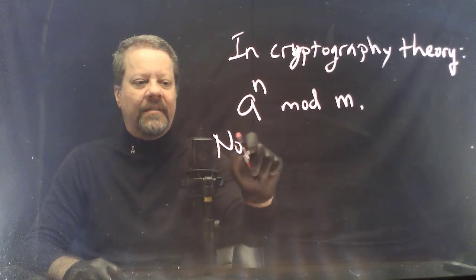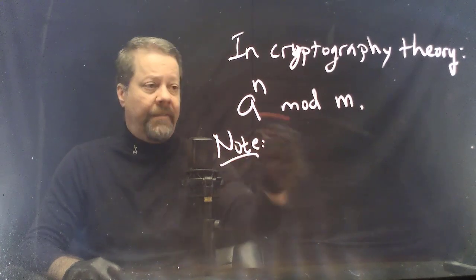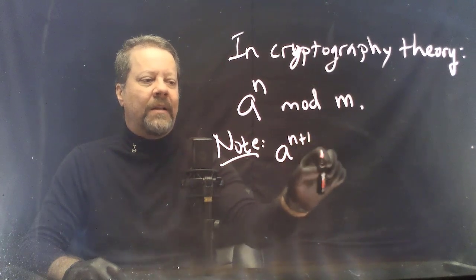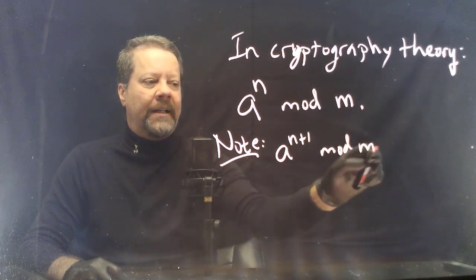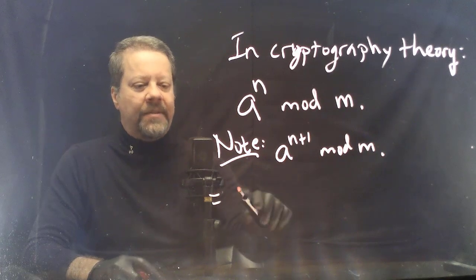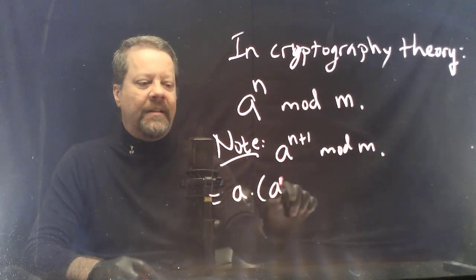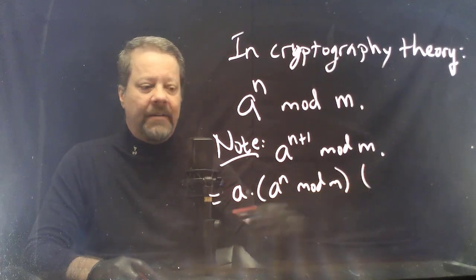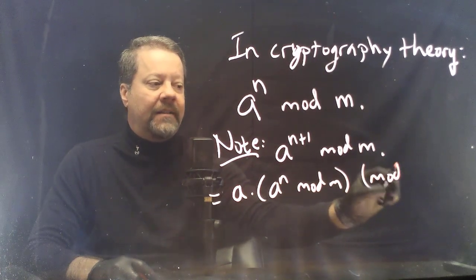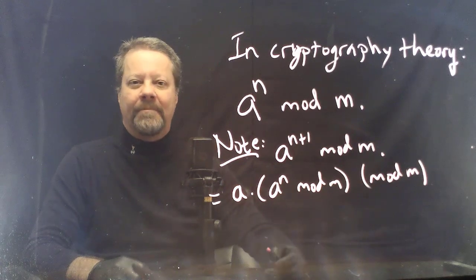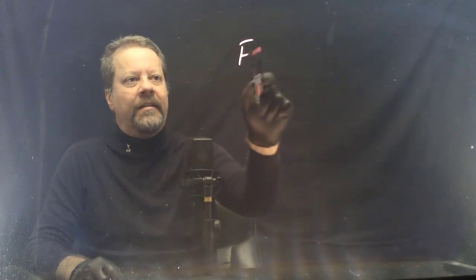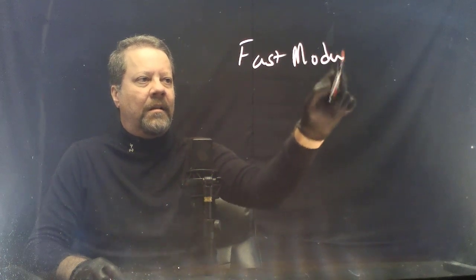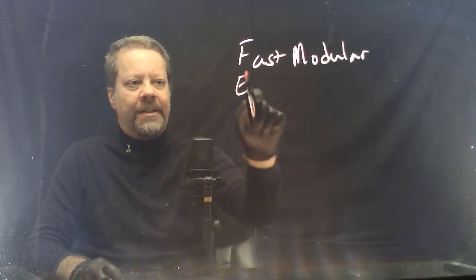Note, if you have this number and you want to calculate a to the n plus 1 mod m, to do this, we take a times a to the n, but then whatever this is, we calculate mod m. Let's look at fast modular exponentiation.